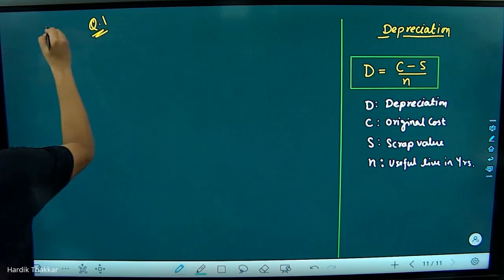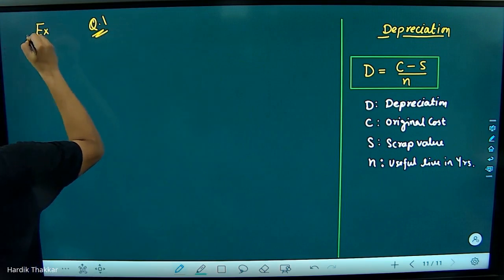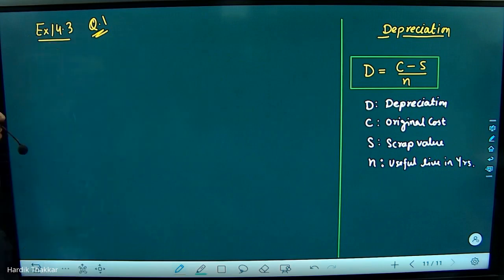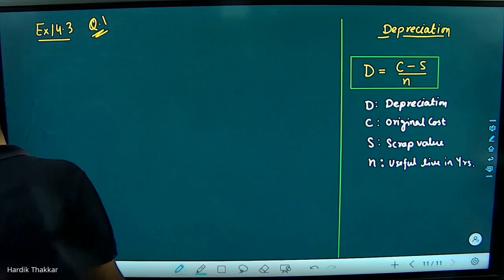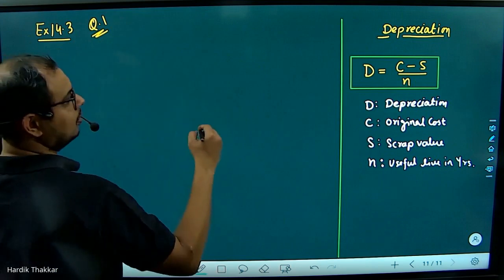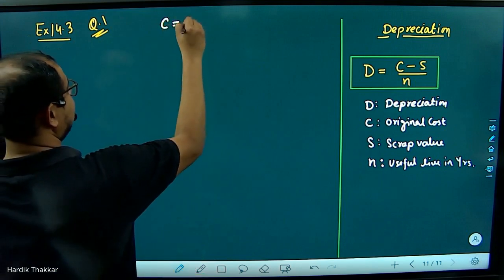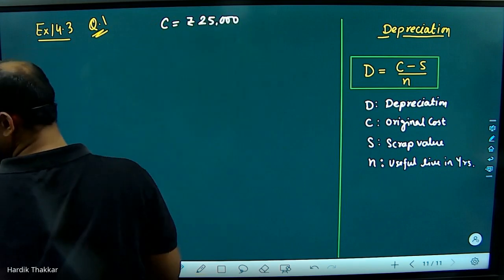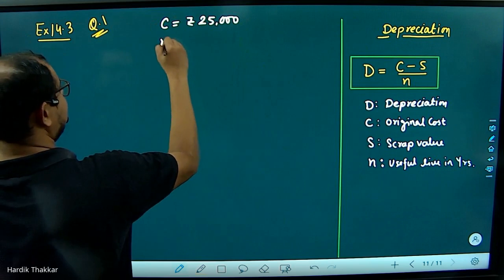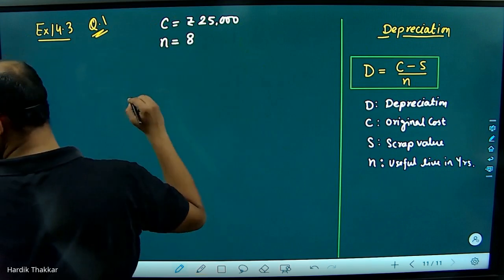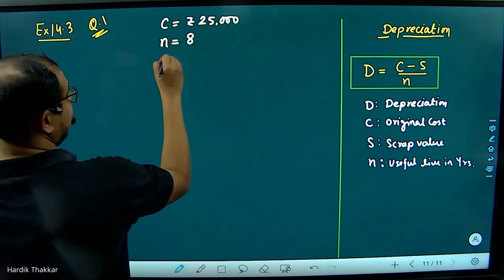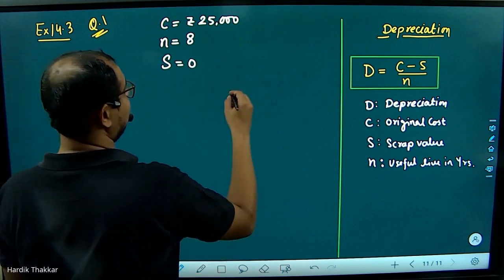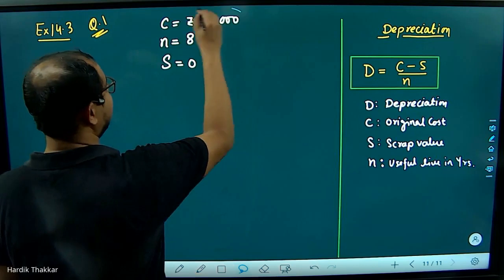ओके. सो क्वेश्चन नंबर 1, एक्सरसाइज 14.3. क्वेश्चन नंबर 1 एक बार पढ़ना अनुश्री. So C is equals to rupees 25,000. N is equals to 8. Scrap value S is equals to 0. So you have to calculate D, depreciation.